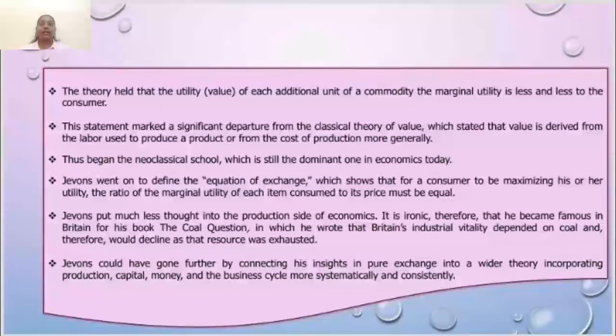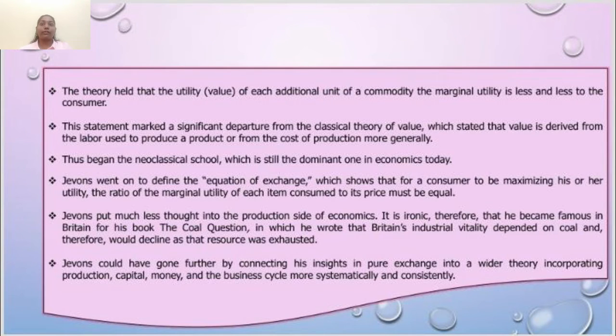This statement marked a significant departure from the classical theory of value, which stated that value derives from the labor used to produce a product or from the cost of production more generally. This began the neoclassical school, which is still the dominant one in economics today.